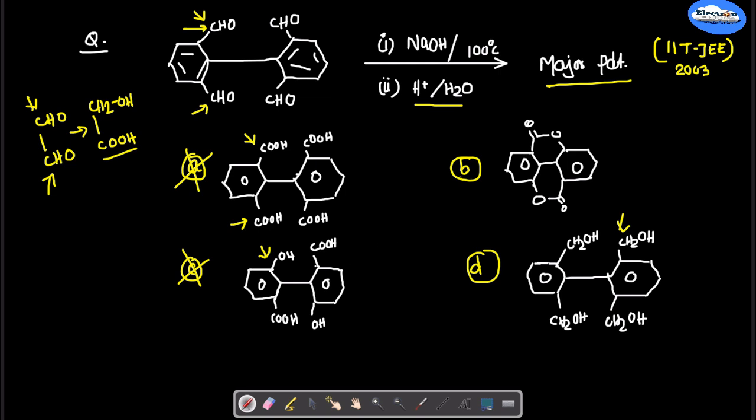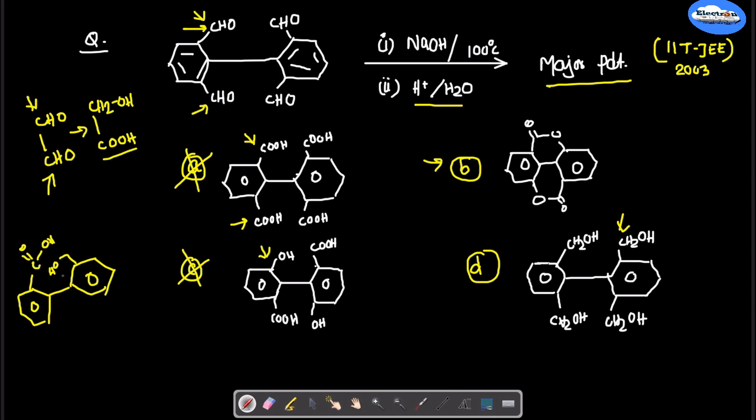So if we imagine option B, the intermediate should be like this, if you write down the starting molecule. I think the first aldehyde will be converted to the carboxylic acid group, and the other one will be converted to the CH2OH group.